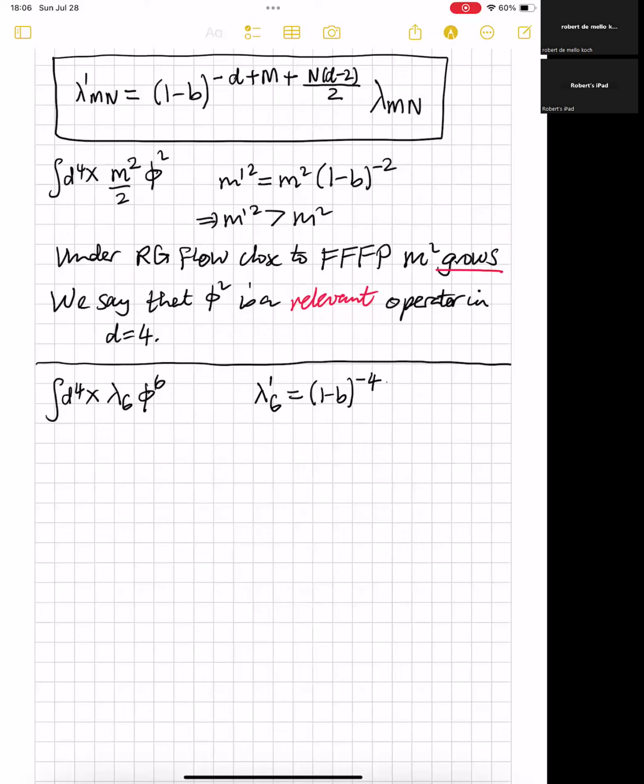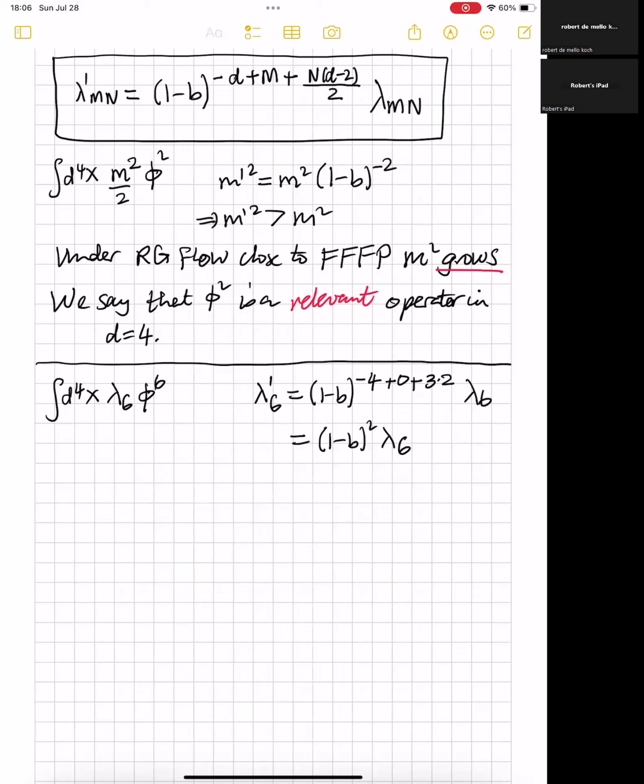M is the number of derivatives, there's no derivatives, plus n over 2, that's 6 over 2 is 3 fields, times d minus 2 is 2. And this is lambda 6. Minus 4 plus 6 is 2, so we've got 1 minus b squared, lambda 6.